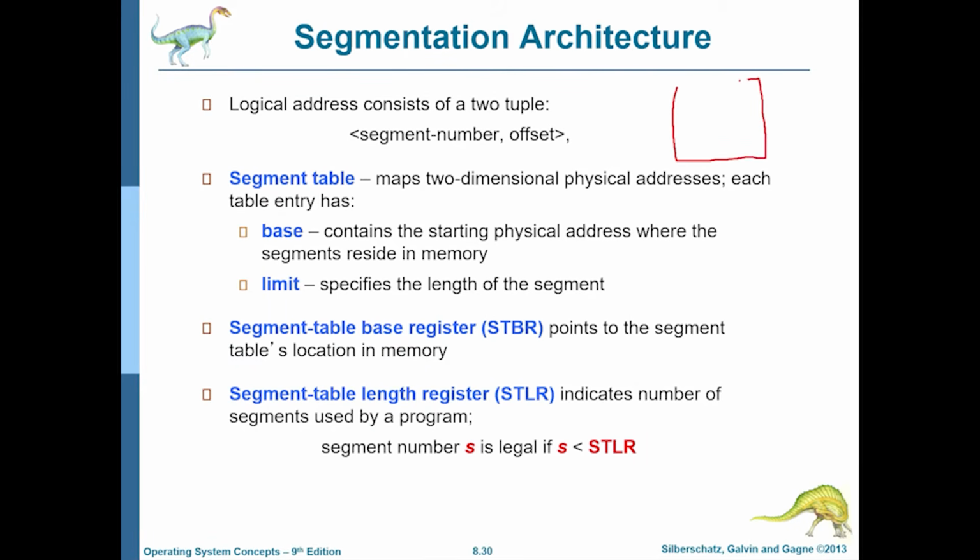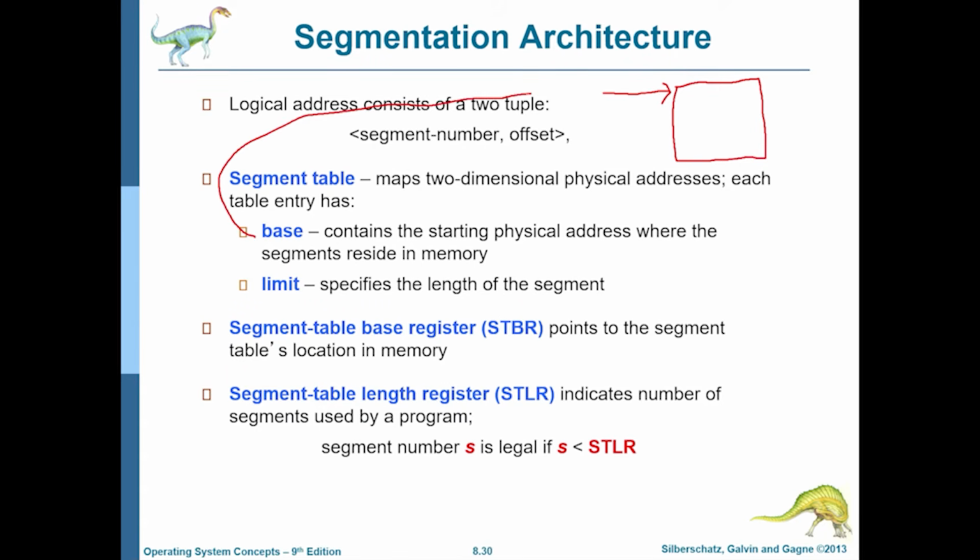So this is a segment, and the segment can have a base address. The segment number part of the address will be used to figure out which segment this logical address belongs to, and then we will use this segment number to look into a segment table, which will give us this base address.